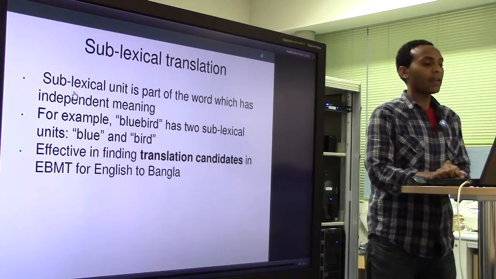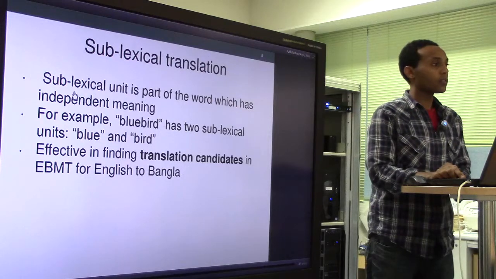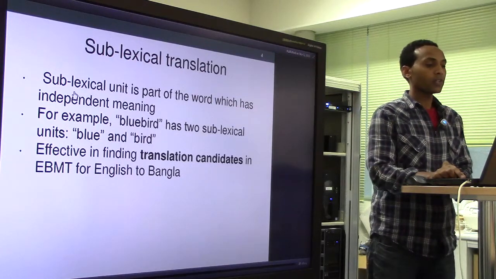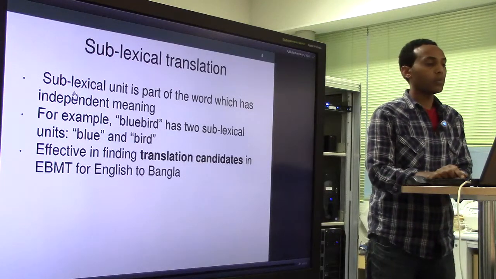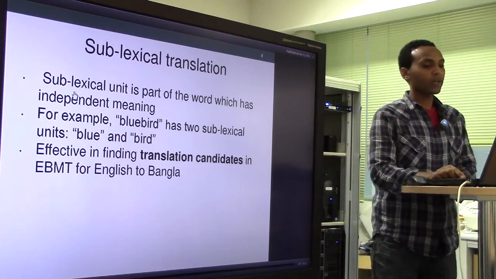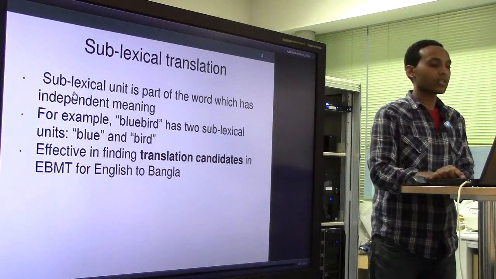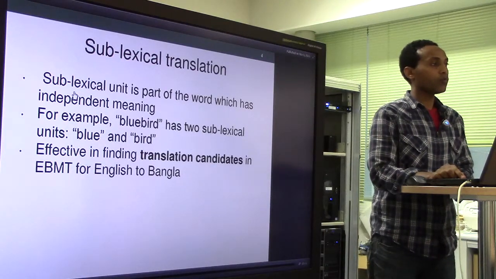A sub-lexical unit is a part of a word which has independent meaning. For example, bluebird is one word, but it has two sub-lexical units, which are blue and bird.